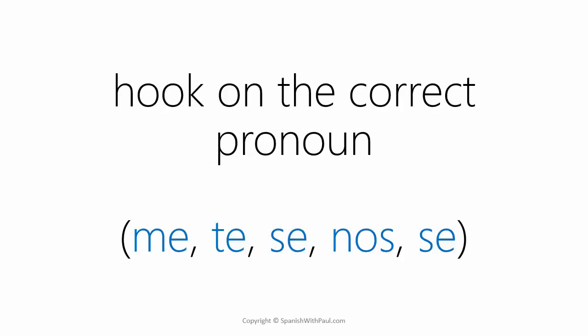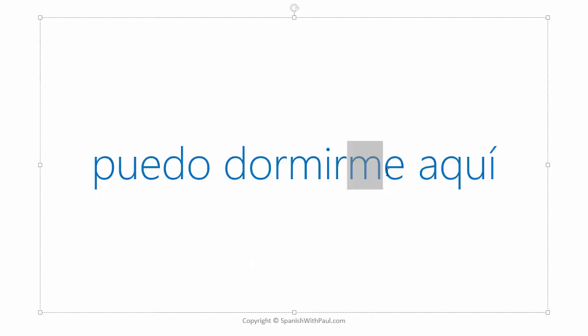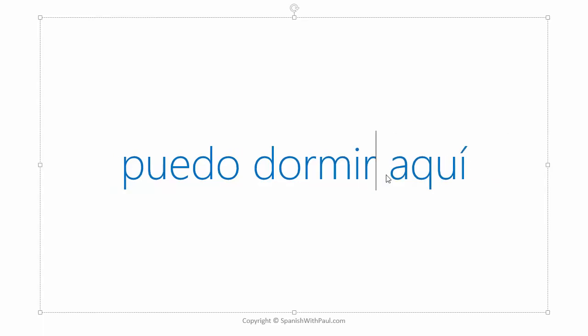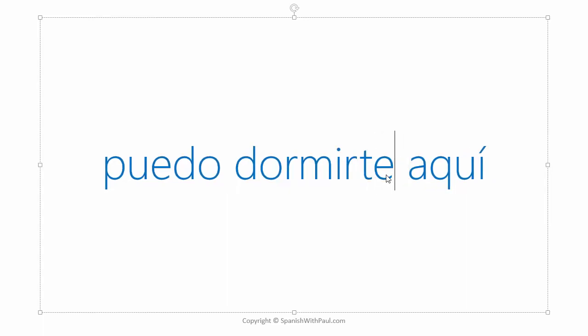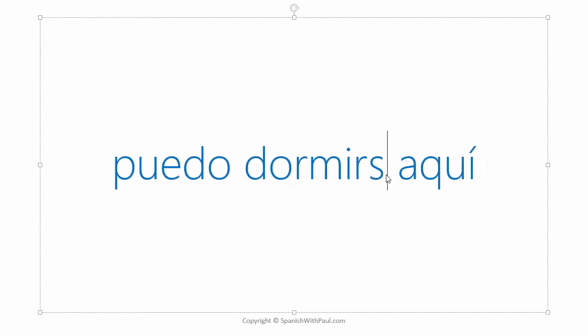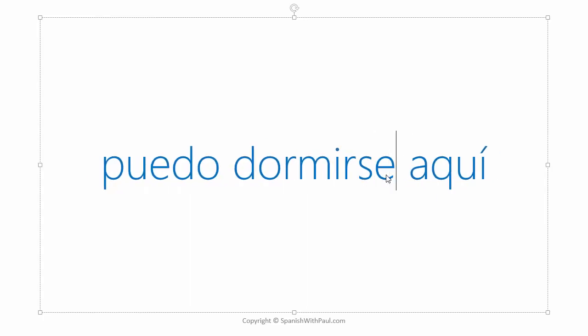Now, it's very easy once you get the hang of it, because all that's happening is you're just using our little friends here, these pronouns. And you can see that instead of puedo dormir aquí, right, you being reflexive, you're just adding in these little pronouns. So dormirme, dormirte, dormirse, dormirnos, and dormirse for themselves.